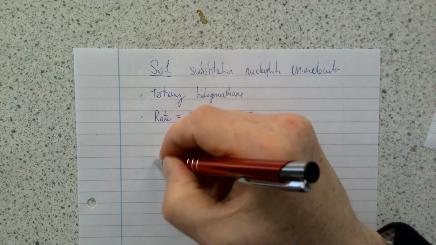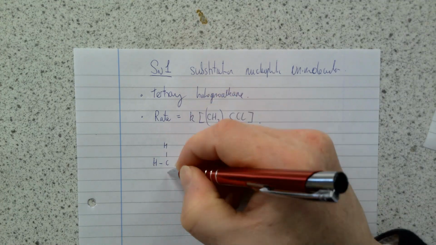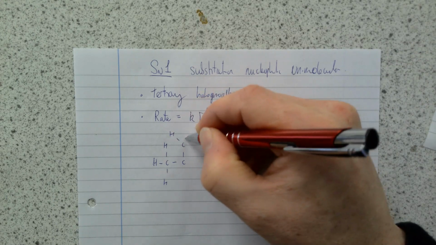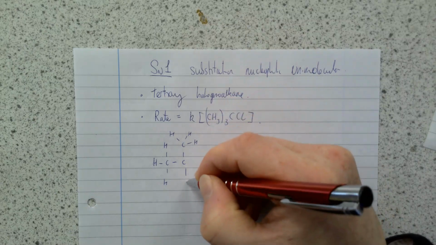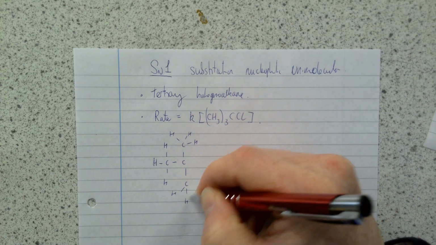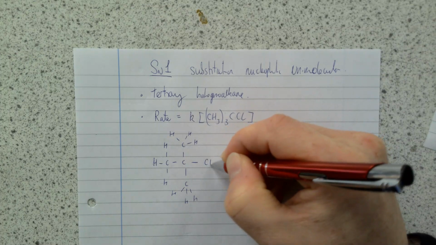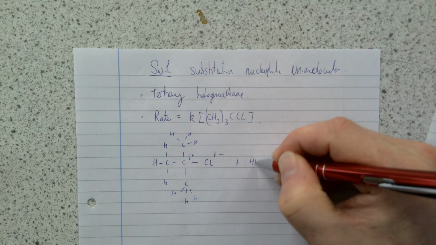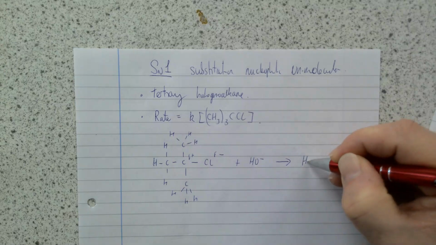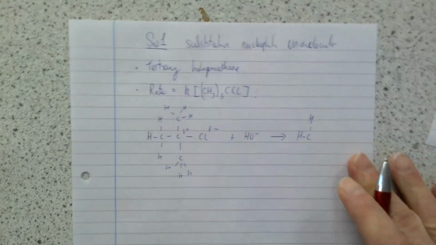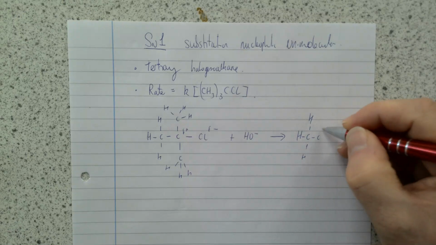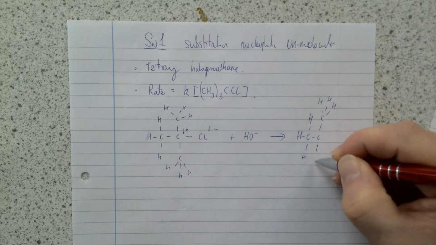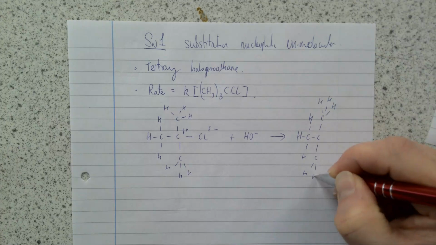So let's draw that out fully. This will be a little bit of a pain to draw, but we're going to draw it fully, the first time at least. So again, that's delta positive, that's delta negative, react it with the hydroxide, and you end up with... when you're drawing these, be so careful to draw the hydrogens.